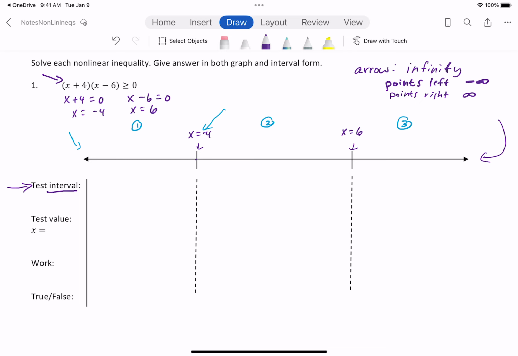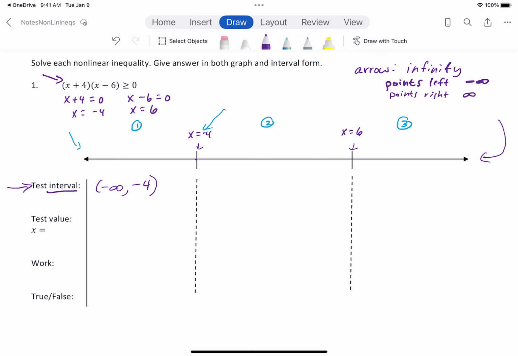So this test interval, we always read them from left to right. It begins at an arrow pointing left, so it begins at negative infinity, and it continues until we get to our endpoint, negative 4. And we're not going to look at the inequality here. The test interval is always going to be a parenthesis because we're going to look at the endpoints at the end.